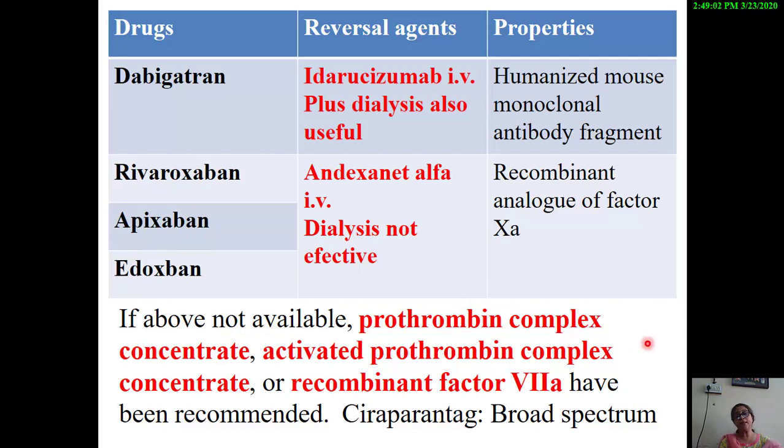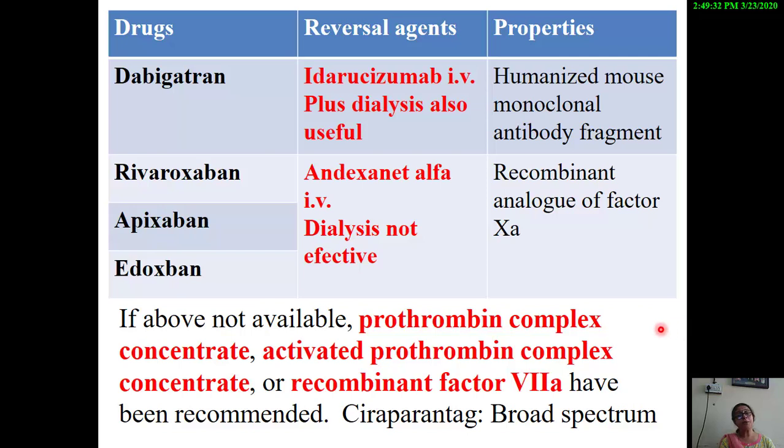And recently there is a compound which is another tongue twister, goes by the name of ciraparantag. This ciraparantag is still under trials, and it is believed to be a reversal agent for not only dabigatran, rivaroxaban, apixaban, edoxaban, but is also believed to be a reversal agent for heparin as well as low molecular weight heparin, but it is still under trials.